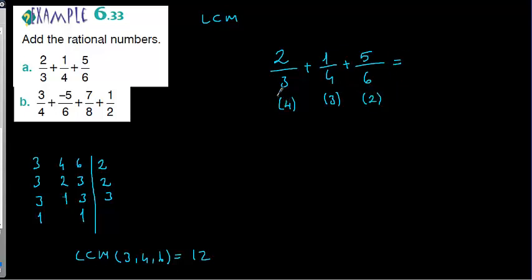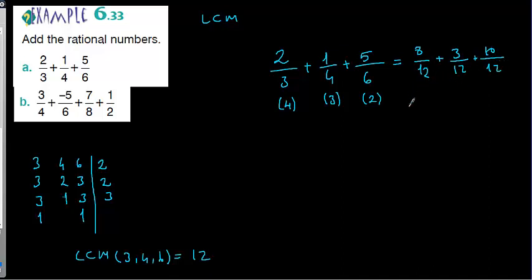When you multiply the denominator, you have to multiply the numerator at the same time. So 2 multiplied by 4 is equal to 8 over 12. 1 multiplied by 3 is equal to 3 over 12. 5 multiplied by 2 is equal to 10 over 12.